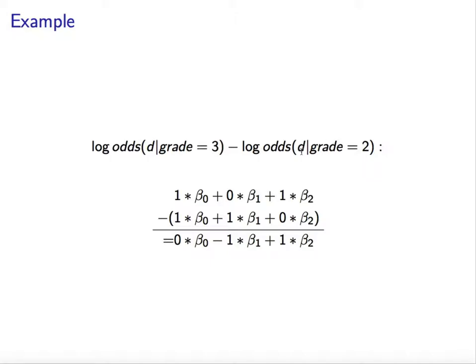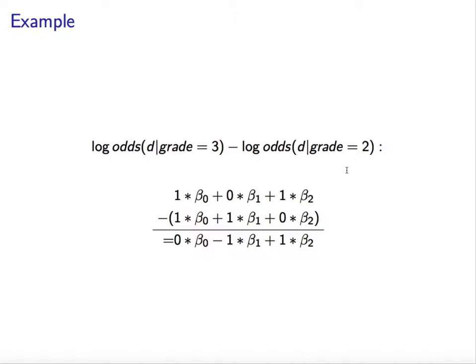Remember our disease is D, that's the variable we have in there. So we want to calculate the difference in log odds between grade 3 and grade equal to 2. This difference in odds on the log scale is the same as the ratio of odds when we exponentiate. So this result will be our desired odds ratio.